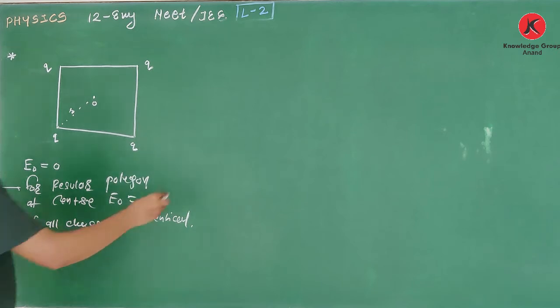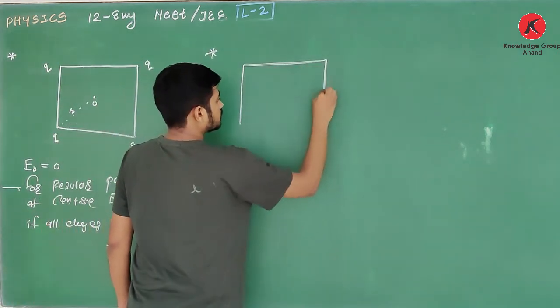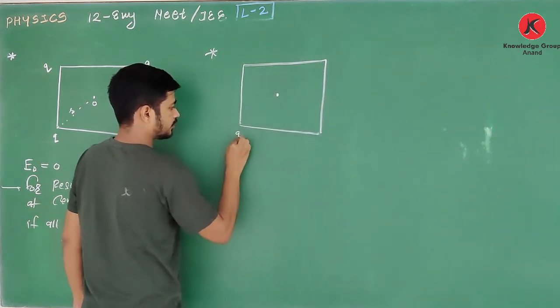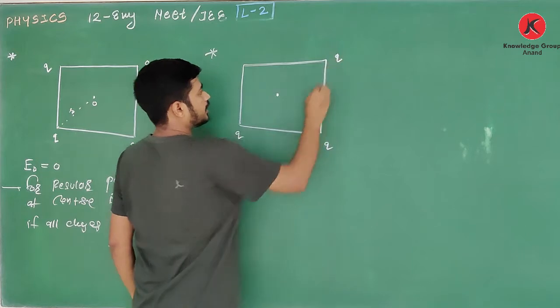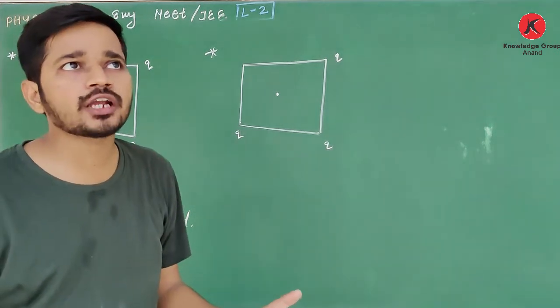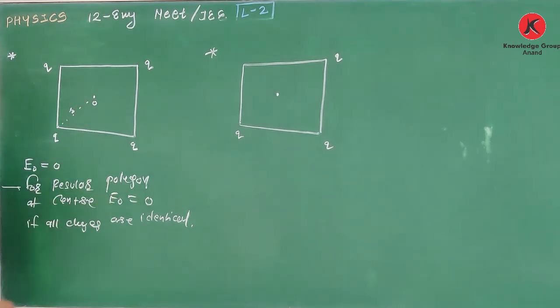Okay, but if I have one question like this, Q, and Q, and see, yes, such a question we have already solved in the NCERT textbook. One example, that for an equilateral triangle, what is the force acting on the center? It is 0. Yes, the force acting on the center is 0. So yes, here at the center the electric field is 0.